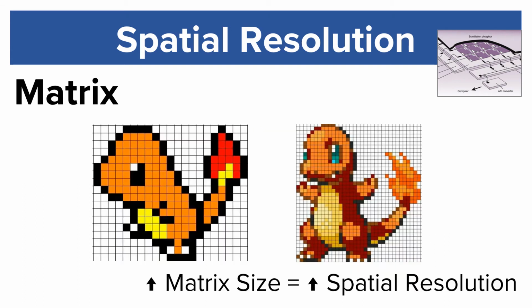Increasing matrix size increases spatial resolution. Charmander on the left has a matrix size of 378, and the one on the right has 1,330. Because Charmander on the right has a higher spatial resolution, we can resolve individual flames in their tail, whereas the one on the left looks like there's only one flame.